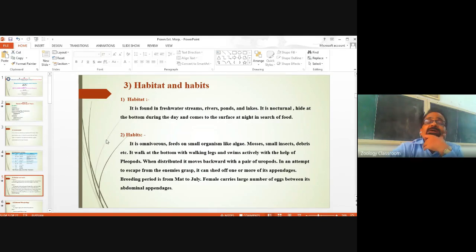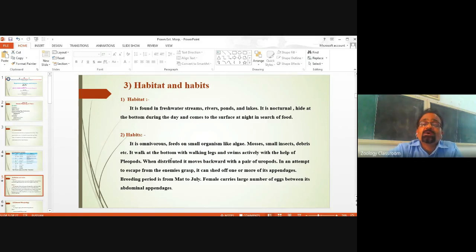It is omnivorous, feeds on small organisms like algae, mosses, small insects, debris, etc. As it consumes food of plant as well as animal origin, it is referred to as omnivorous in diet.